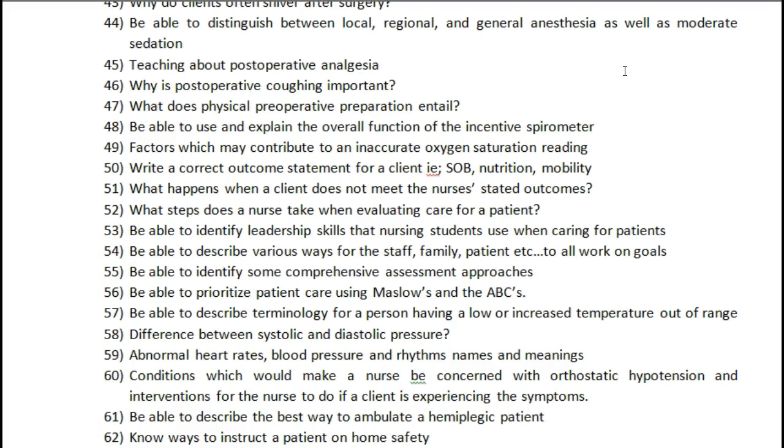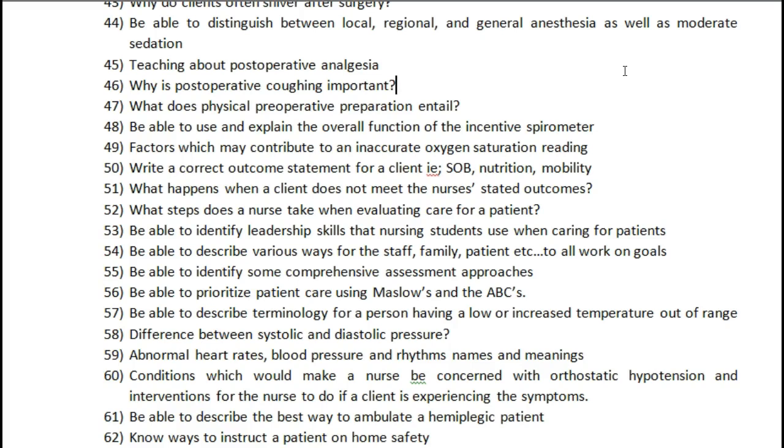Prior to surgery, for physical preparation, you are supposed to have jewelry and all that kind of stuff safeguarded. No makeup, no nail polish. You're going to have post ops. They would have been NPO.